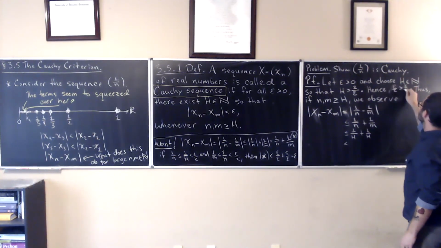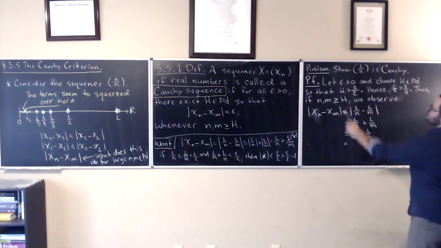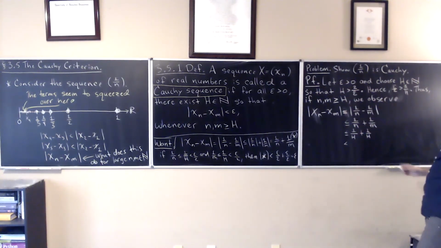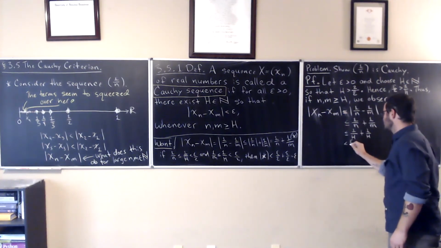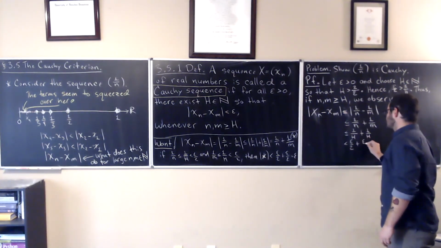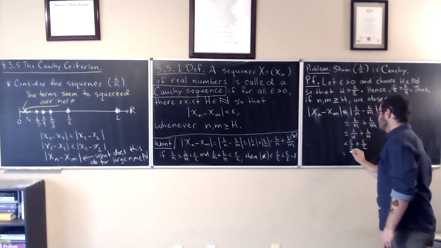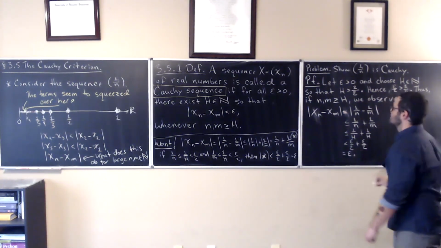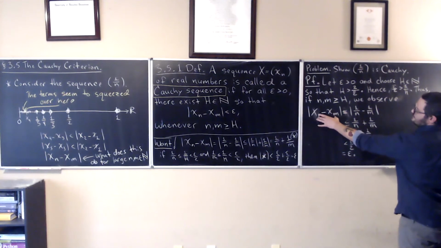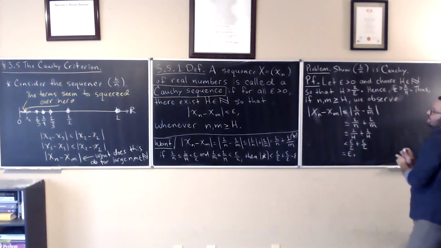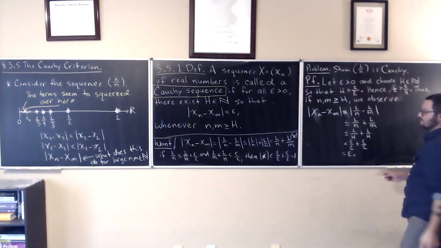And 1 over h, if I divide both sides by h, is strictly less than epsilon over 2, so the sum is less than epsilon over 2 plus epsilon over 2, and that's equal to epsilon. So the distance between x_n and x_m is at most epsilon when n and m are greater than or equal to h, where h was chosen greater than 2 over epsilon.